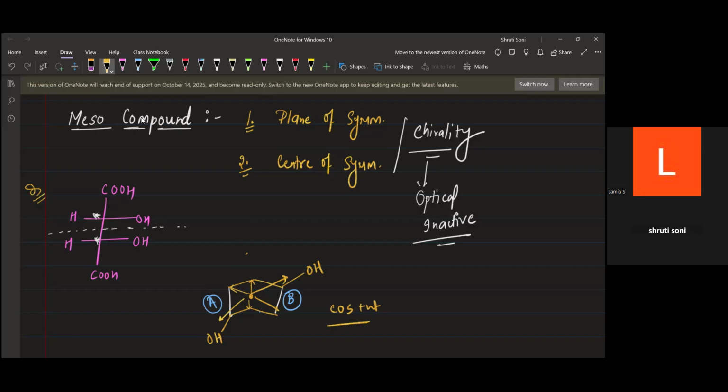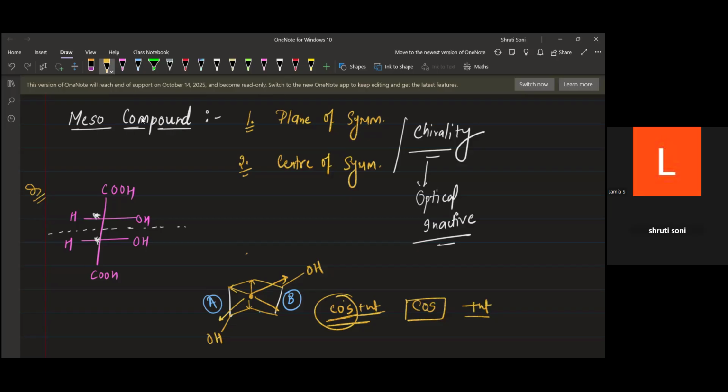Do you understand? So what did you write there? COS means center of symmetry present. Okay, so it's one chiral carbon, right? Sorry, I'm saying the center of symmetry would just be one chiral carbon.